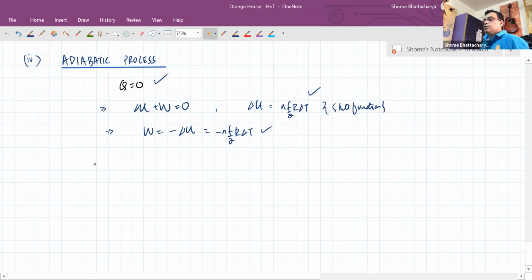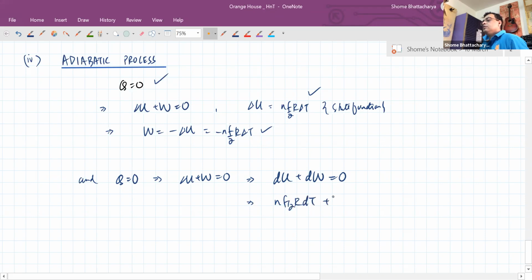Okay. And also we saw that if we write in differential form, delta Q plus W is zero, we'll get this. So nf by 2R dT plus PdV is zero. And PV equal to nRT. If we write this in differential equation form, we have PdV plus VdP is equal to nR dT. Okay.